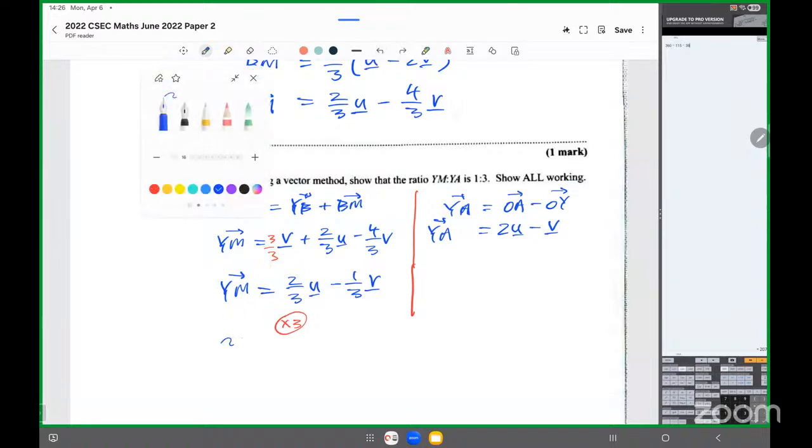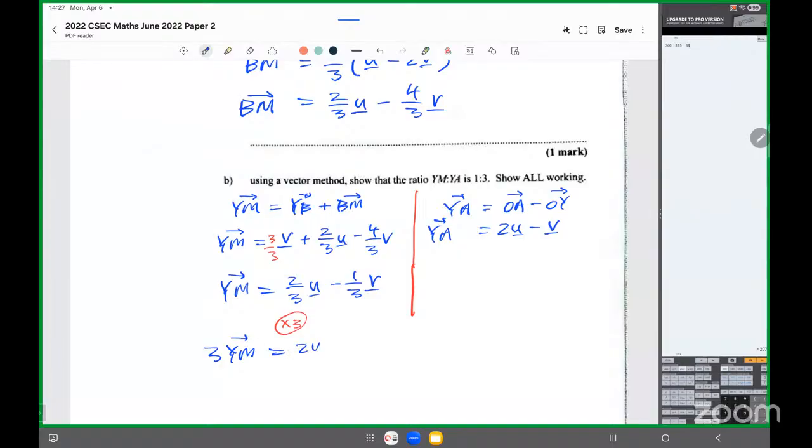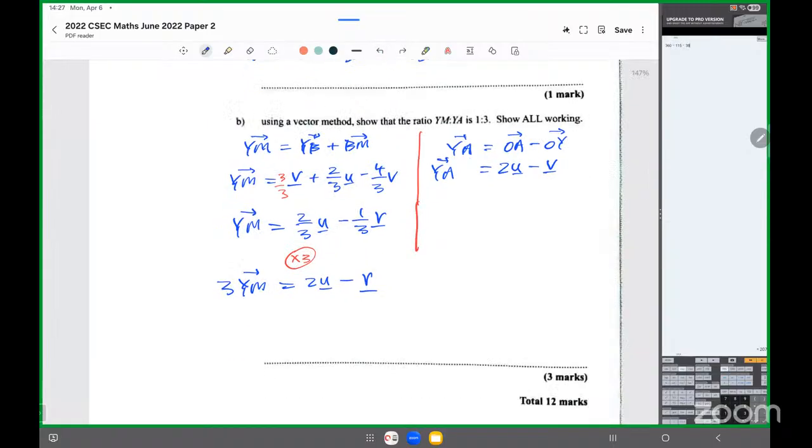We're going to get 3YM equals 2U minus V. And the 2U minus V is the same as this. It means that since the two of them equal the same thing, we can equate them.